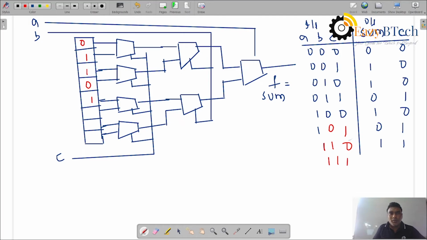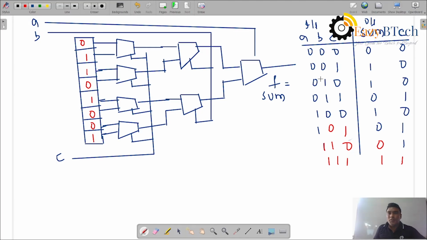Now what happens here? 1 0 0, it will be 1 0. So it will be 0 and 1. Again this will be 0 and 1. It will be 1 and 1. Now what happens here? Now 1 1 0 and 1 0 0 and 1.